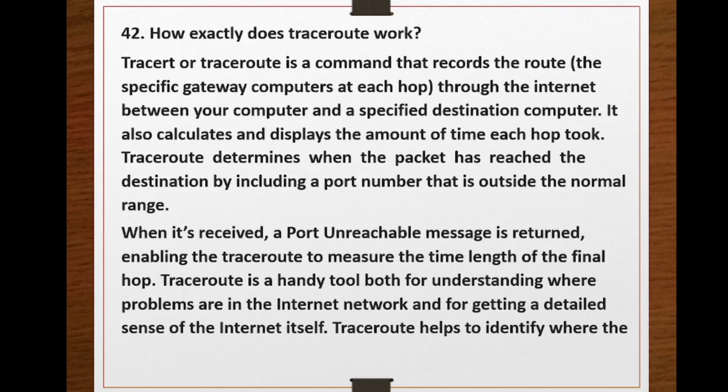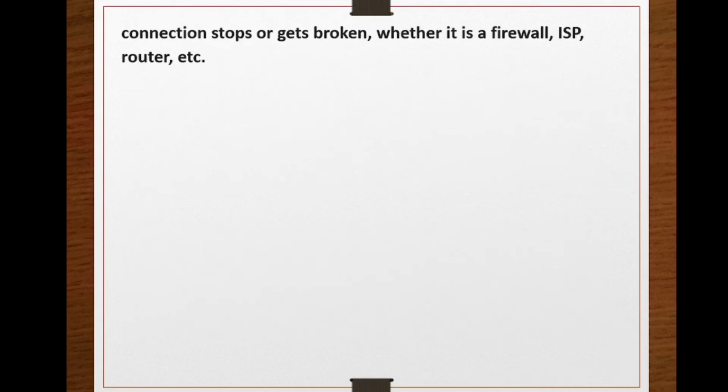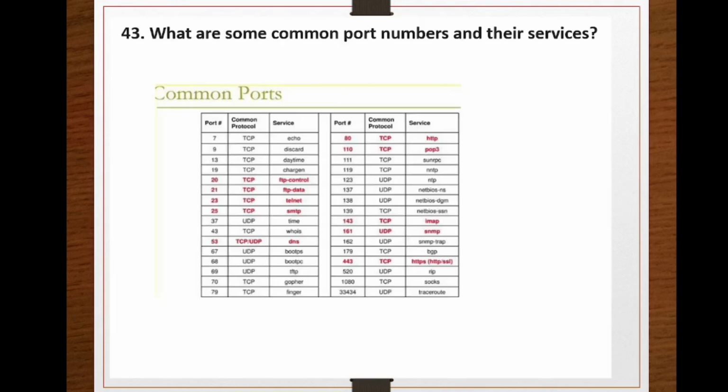So when it is received, a port unreachable message is returned, enabling the traceroute to measure the time length of the final hop. Traceroute is a handy tool both for understanding where the problems are in the internet network or for getting a detailed sense of the internet itself. Traceroute helps to identify where the connection stops or gets broken, whether it's a firewall, ISP, router, etc.